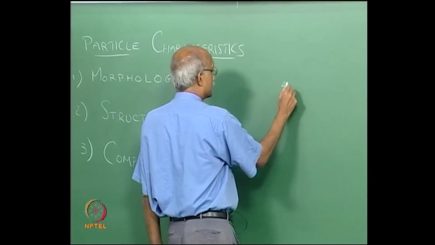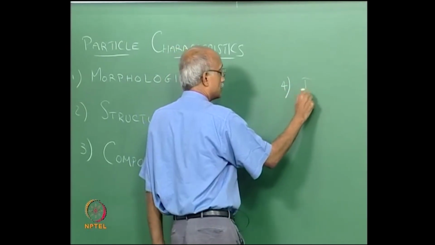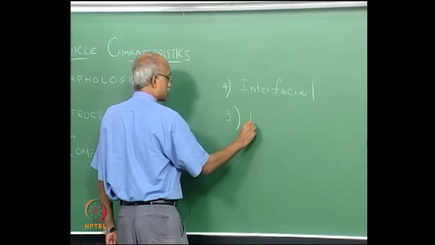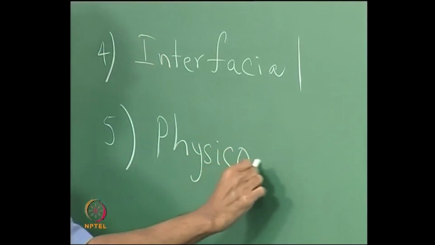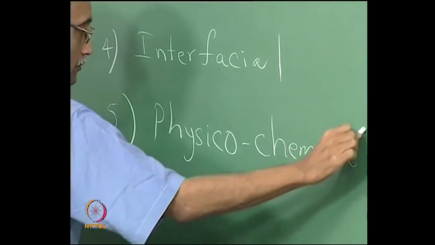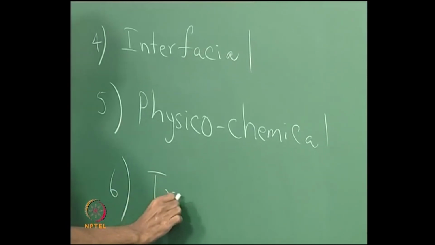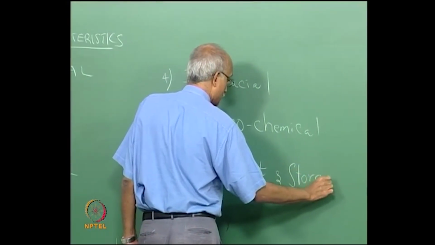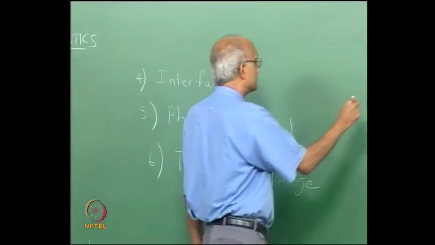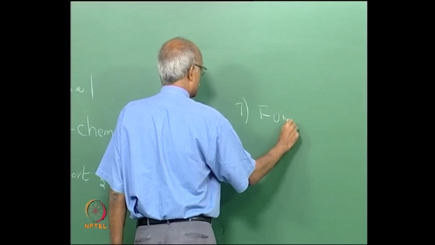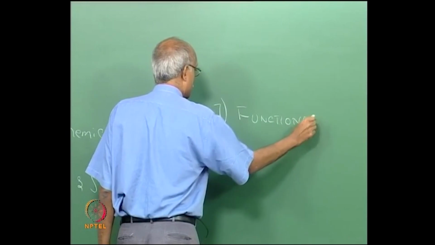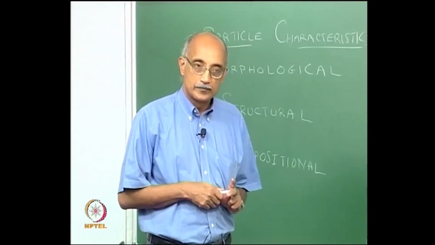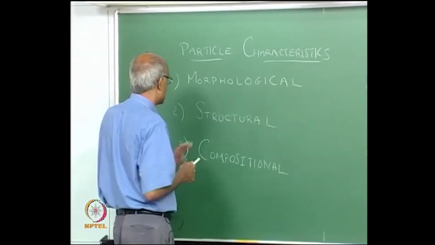The fourth is interfacial. The fifth is physicochemical. The sixth is transport and storage, and the last one is functional. This is the very, very broad classification of the characteristics of a particle. So, let us briefly talk about what we mean by each one of these.